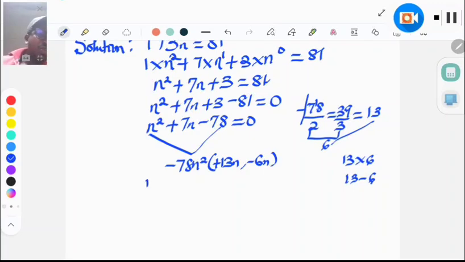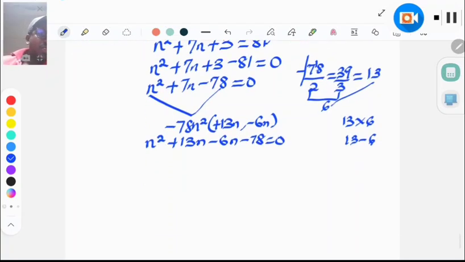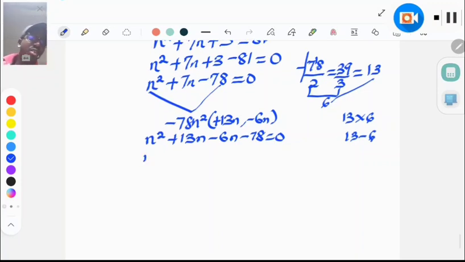So if I go ahead to solve the question, I have plus 13n minus 6n minus 78 equals 0. And from here, n is common. If I bring it out between these two, I have n plus 13. Negative is first common, and 6 is common. If I bring out 6, I have n plus 13.